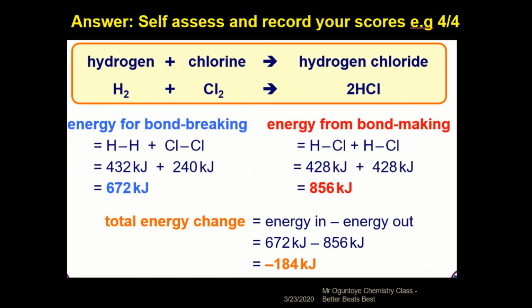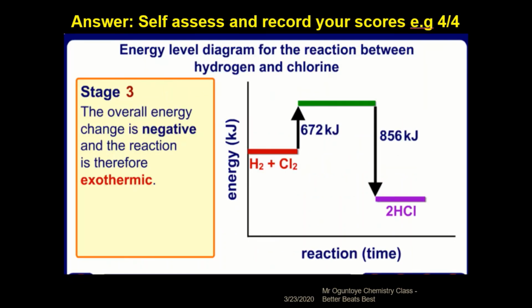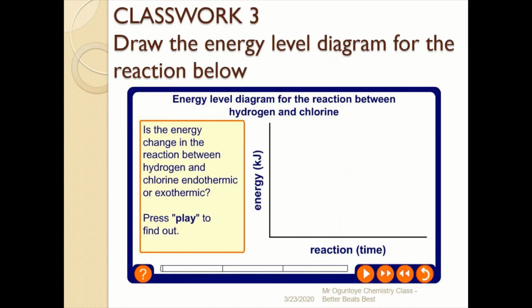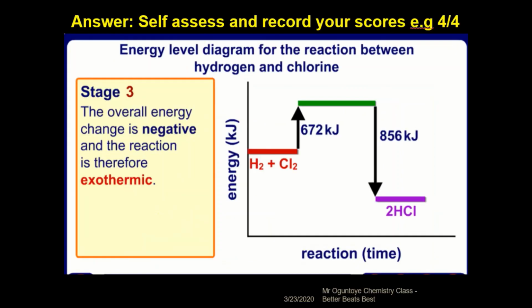So your second class activity will be this: draw the energy level diagram for the reaction below. For the reaction between hydrogen and chlorine, draw the energy level diagram. When you are done, pause the video, do the activity, and assess yourself using this sample response.